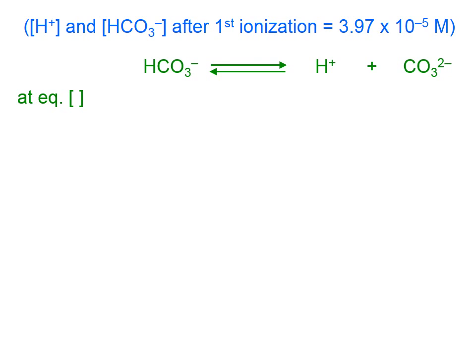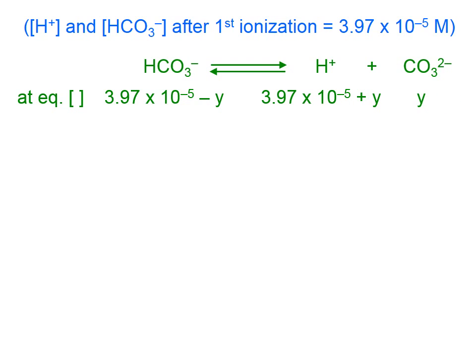Now this one is a little bit more of a complex expression because we need to pick up from the point at which we've already lost one proton, which means that the initial concentration for this case, for the bicarbonate, is 3.97 times 10 to the negative fifth, and that amount will go down some bit.